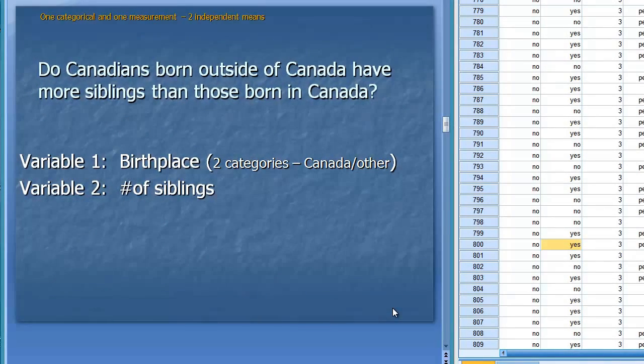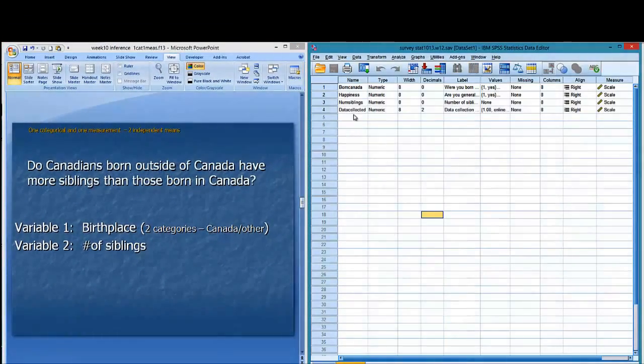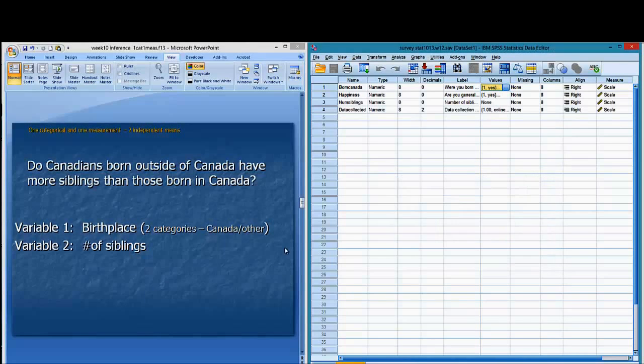The question is, do Canadians born outside of Canada have more siblings than those born in Canada? That's birthplace. Here I call it born in Canada, with yes or no. And number of siblings is another variable, which is not categorical but a measurement variable.